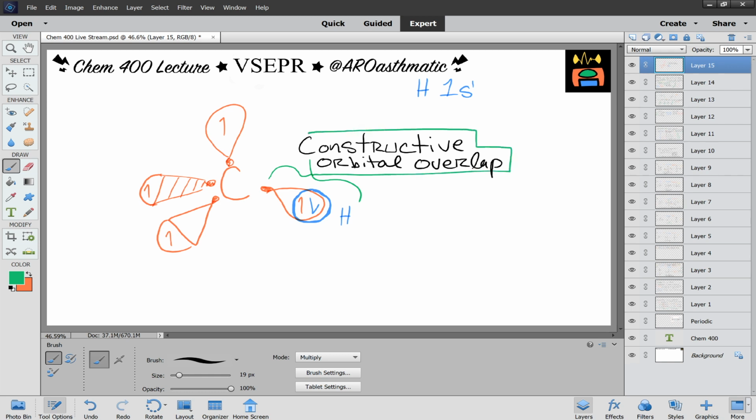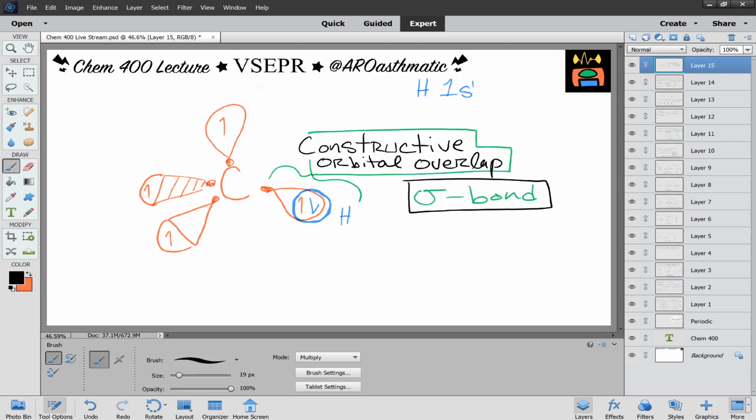The type of bond made through constructive orbital overlap is known as a sigma bond. So this is a sigma bond created through constructive orbital overlap: 2 electrons smashed between 2 nuclei. That is a sigma bond.